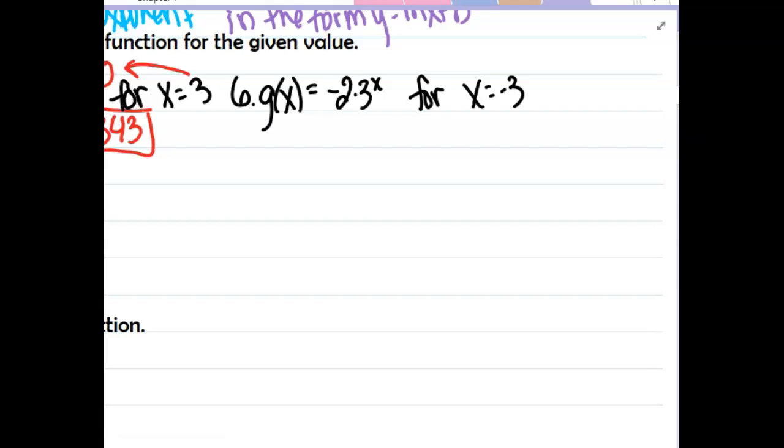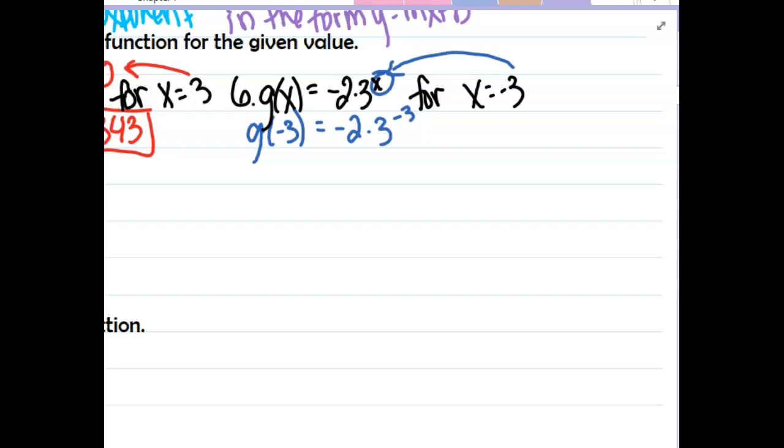So kind of like the last one, this negative 3 is what you're going to plug into your function, which means you're going to plug that in for x. So we are trying to find g of negative 3. So the first step, we're just going to take negative 2 times 3 to the, instead of x, we're going to plug in negative 3.